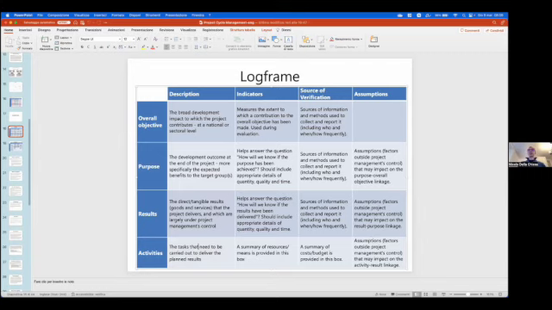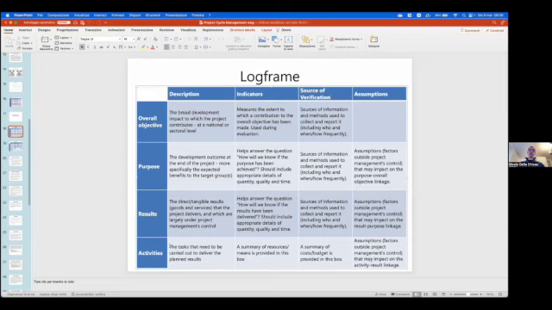But also the other columns of the log frame are important for a good understanding of the project. So as you can see, we have the two central columns, which are the indicators and sources of verification. These two columns serve the purpose of measuring the impact, the effects of the project.